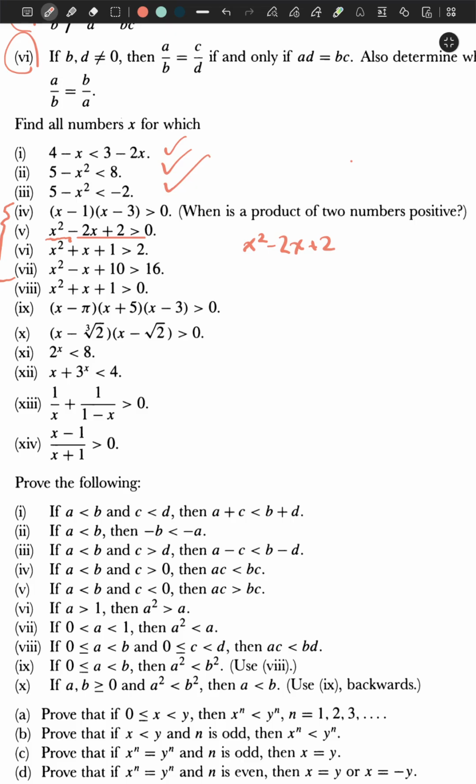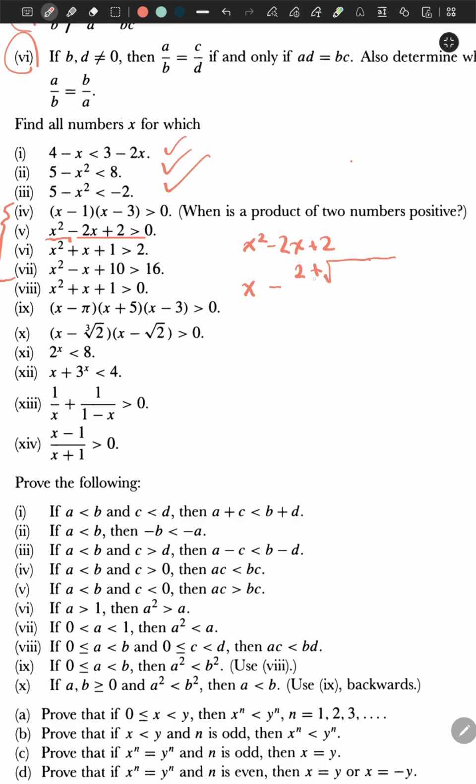So first of all, this quadratic can be factored into... actually, sorry, one second.